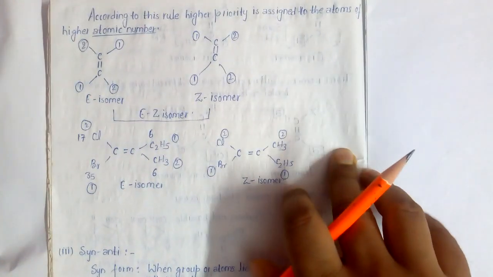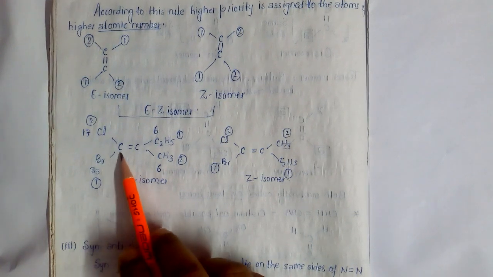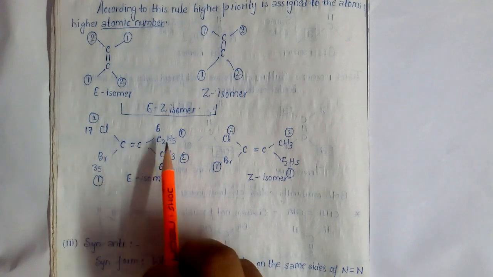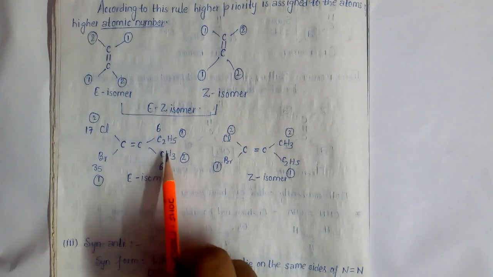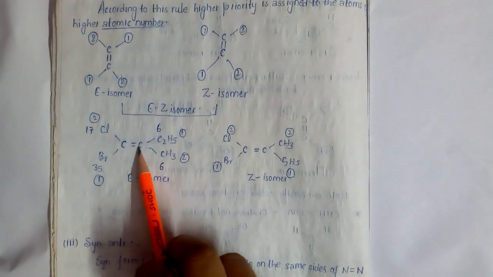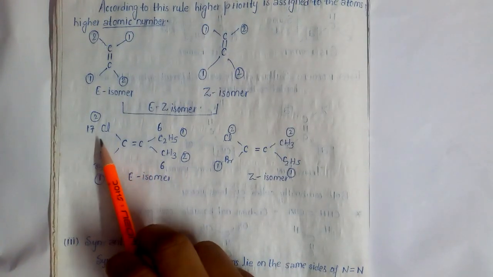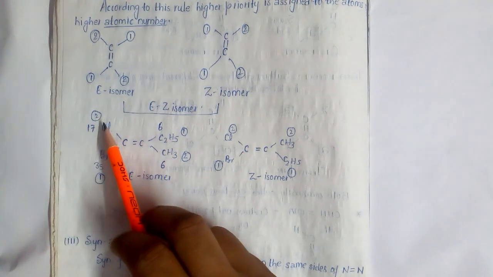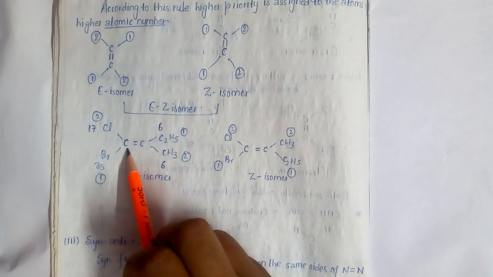For example, look at this example. C double bond C, Cl, Br, C2H5, CH3. From this carbon, C2H5 is attached, from this carbon, CH3 is attached. And from the second carbon, this is chlorine and this is bromine. First of all, we are going to compare chlorine and bromine attached with this carbon.